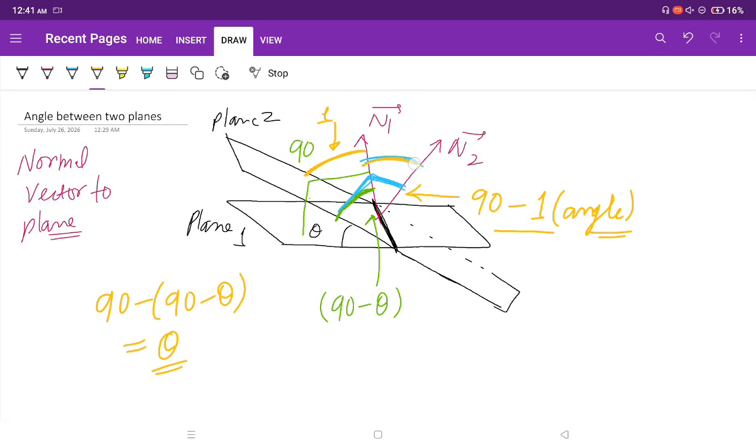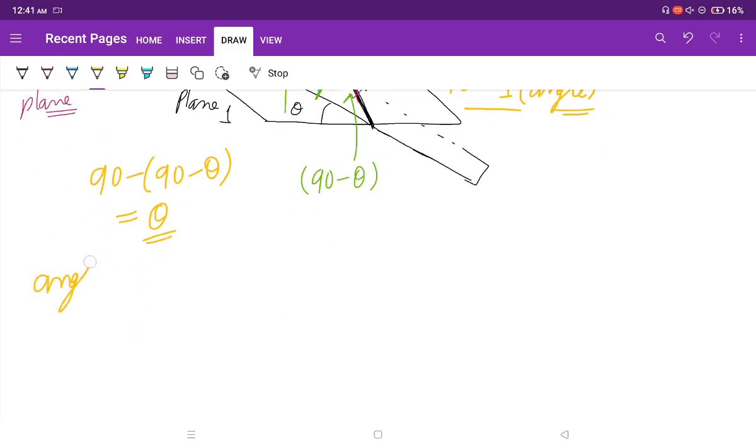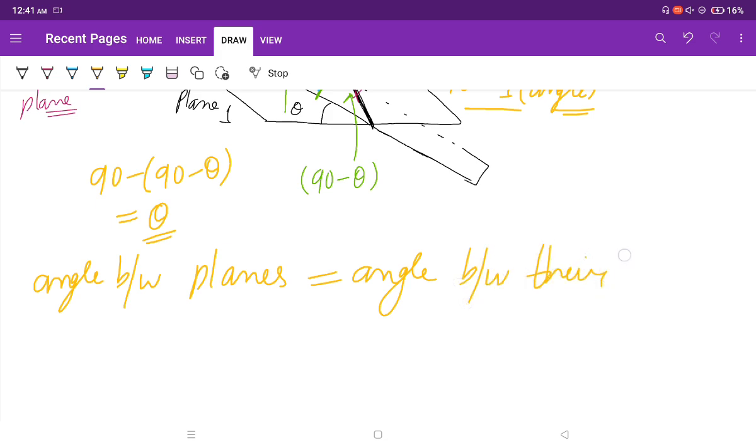So this is also theta, which implies that the angle between planes is equal to the angle between their normal vectors.